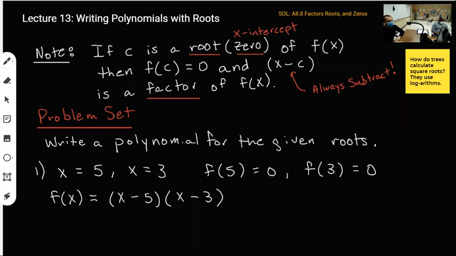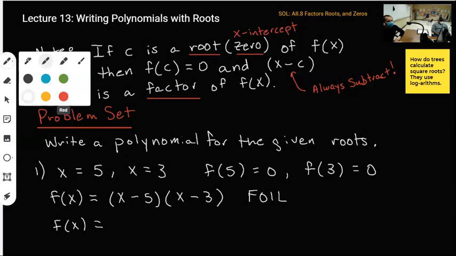So if my root is 5, I'm going to get x minus 5. If my root is 3, then I'm going to get x minus 3. That's also going to be a factor. And now from there, all I have to do is the FOIL method. So I'm going to write f of x is equal to, and then I do the FOIL from there.